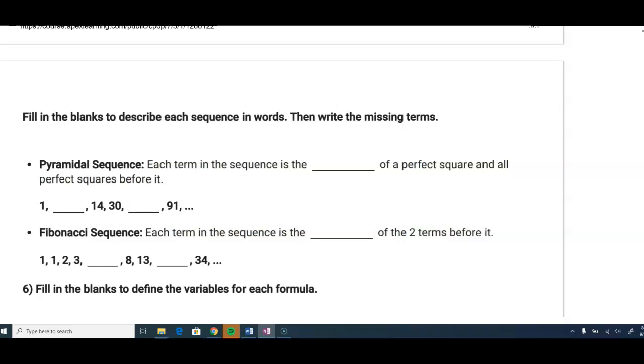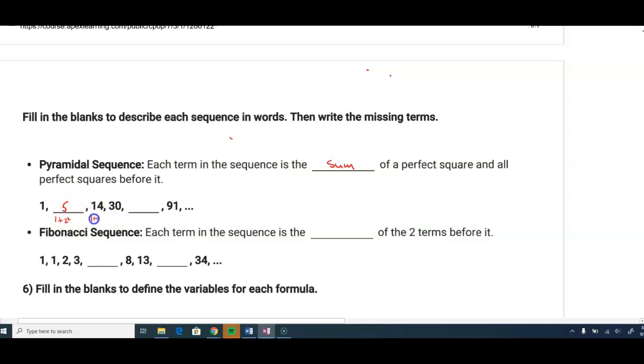Next, a pyramidal sequence is the sum of a perfect square and all of the perfect squares before it. So we'd go 1, and this would be 1 plus 2 squared, which would give me 5.